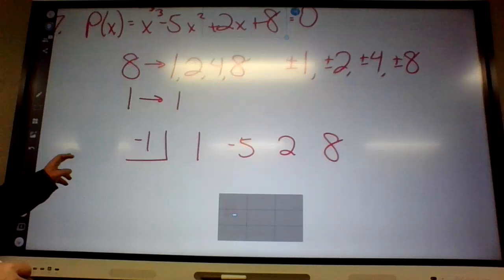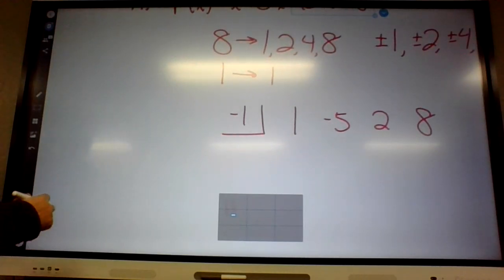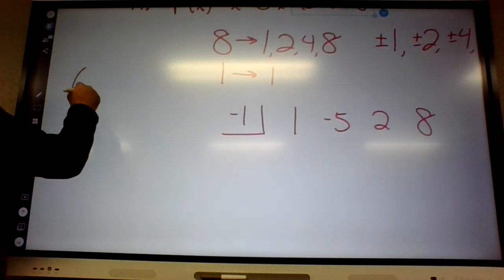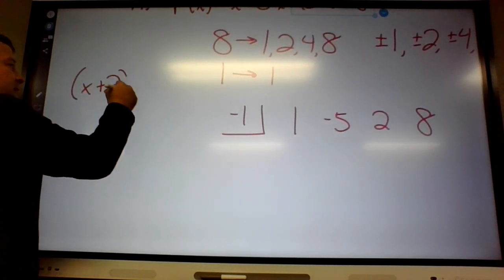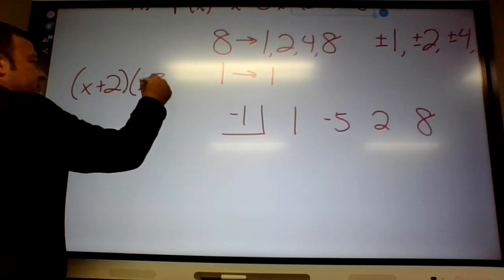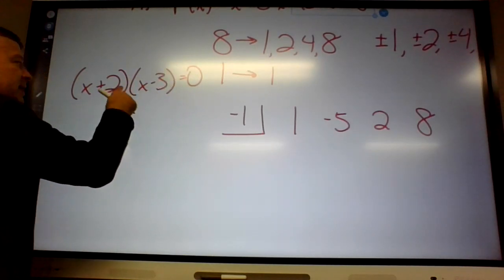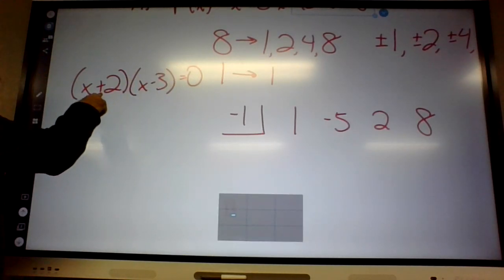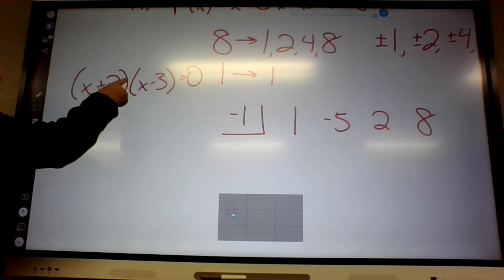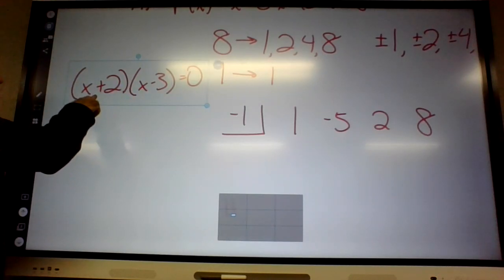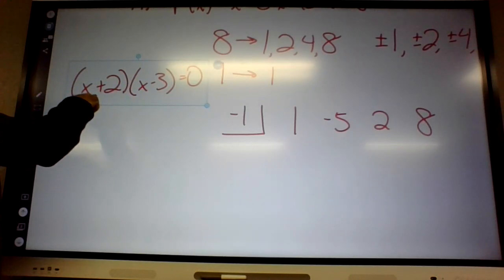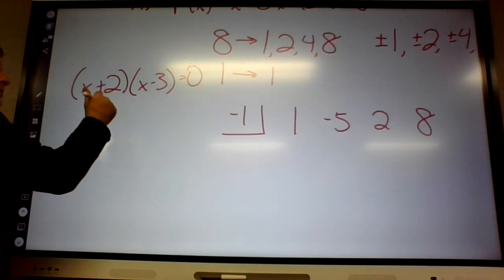Before I do this, let me try to explain it. This always goes over people's heads, but I'm going to try. You guys remember back when we were factoring, like last chapter, what were the answers to this? What would the answer to this equation be? -2 and +3, right?